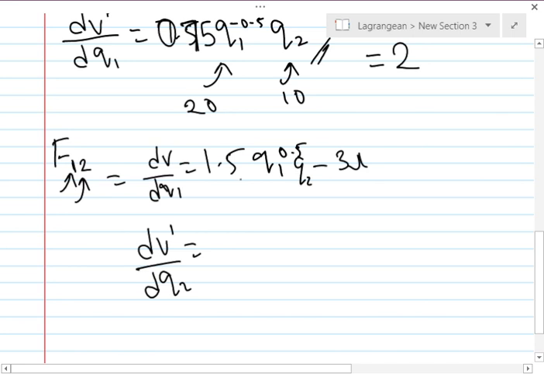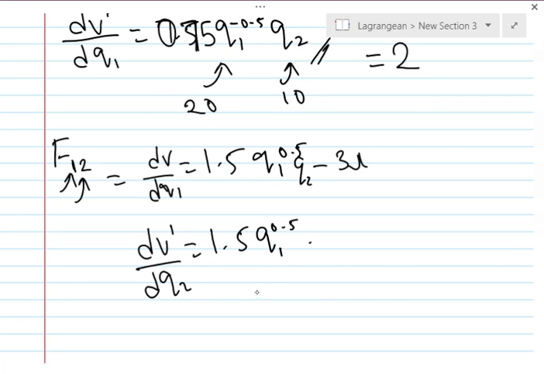Okay, so when we do that, Q1 times this, we have 1.5. 1 minus 1 is 0, so it's out. So we have Q1 to the 0.5. This one is also out. So this is what we have in our second order derivative, and this is our Q1, right?